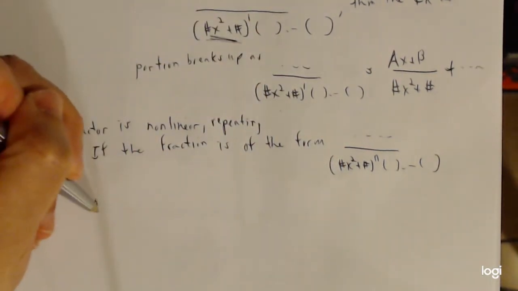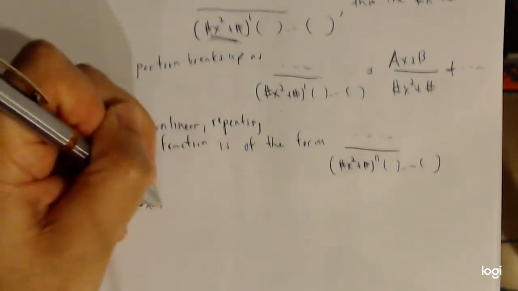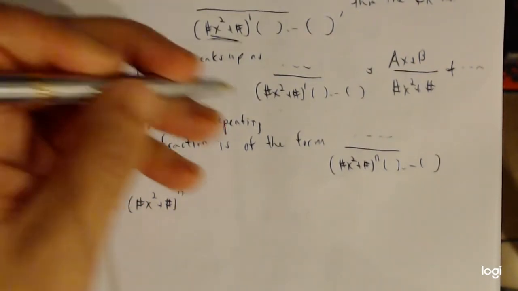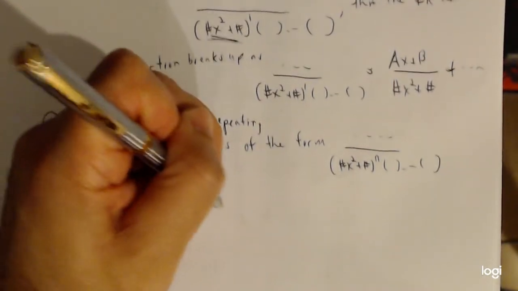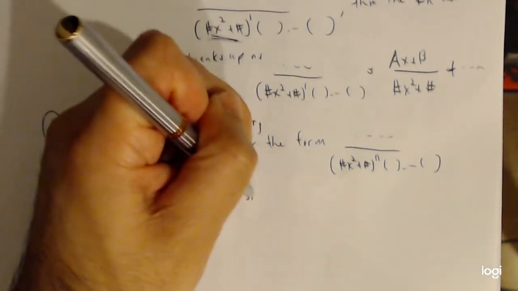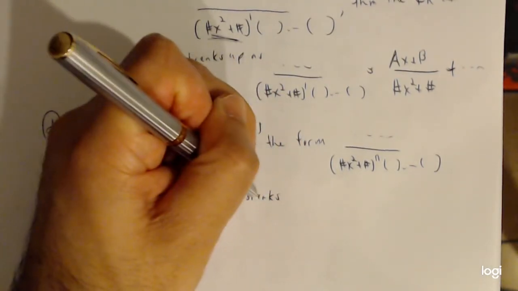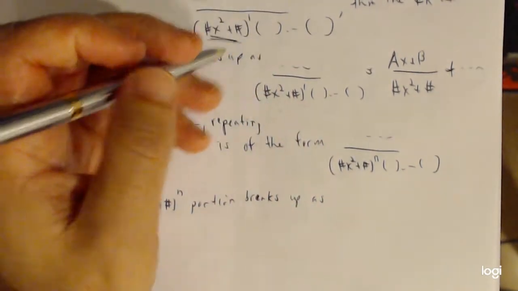So then we would say that the number x squared plus a number to the power of n portion breaks up as the following.